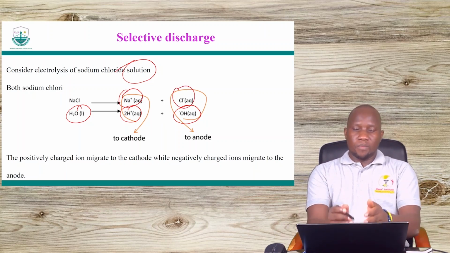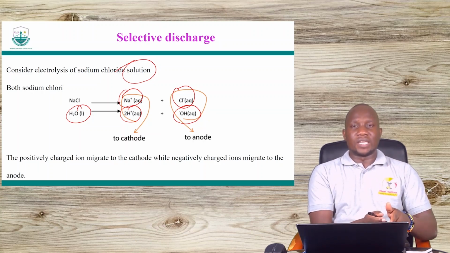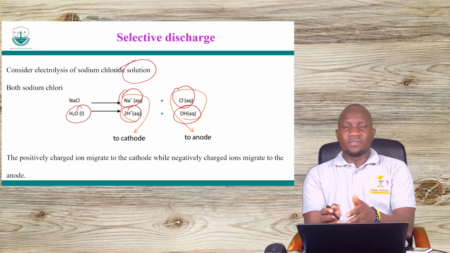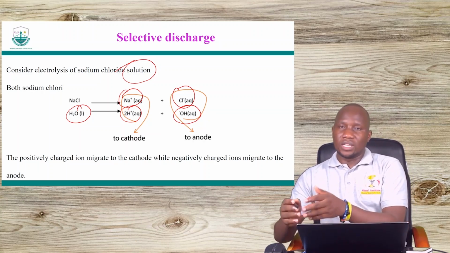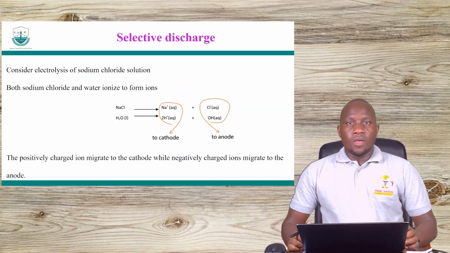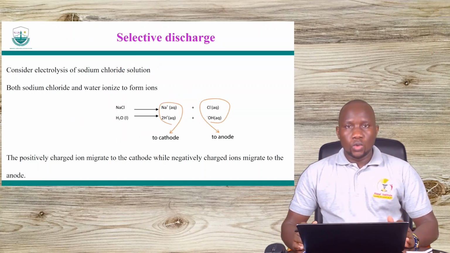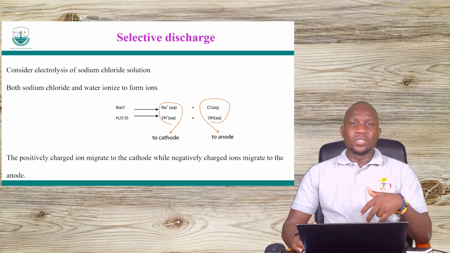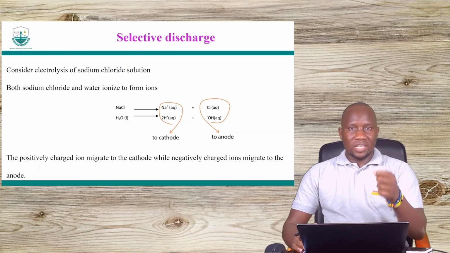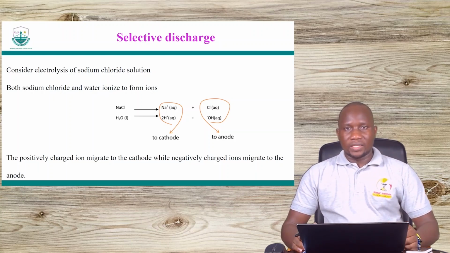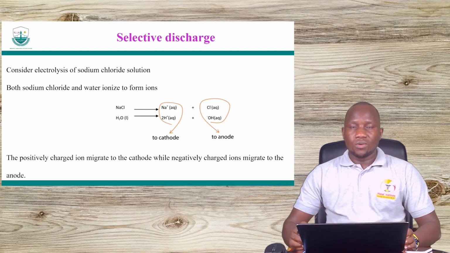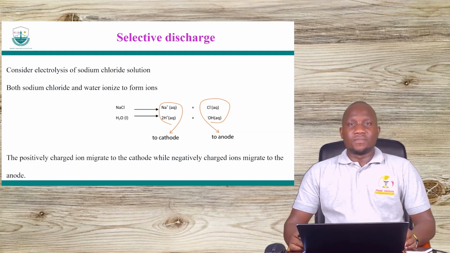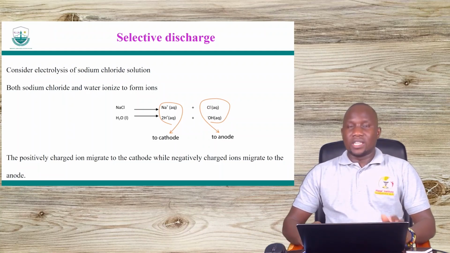Remember, the positives move to the negative electrode. The negative ions or the anions move to the positive electrode that we call the anode. Okay? So in a solution, don't only think about the ions from the electrolyte, also think about the ions that come from water. Okay? So you have, in this setup, 4 types of ions. And they follow that migration pattern that we have just explained.